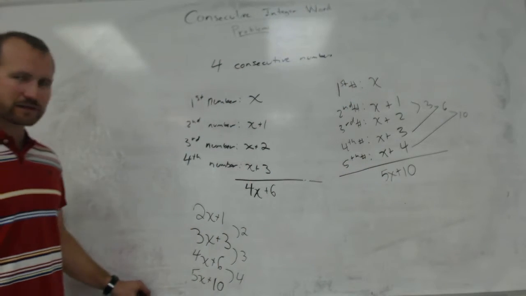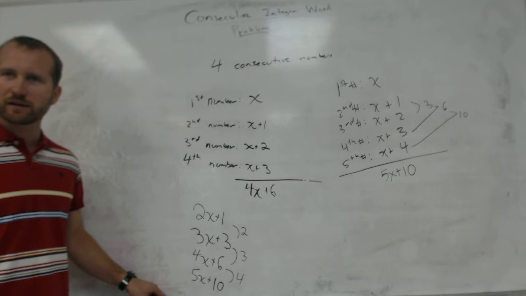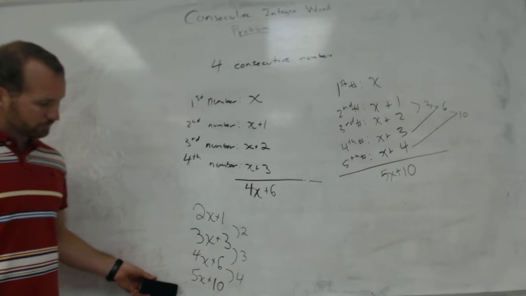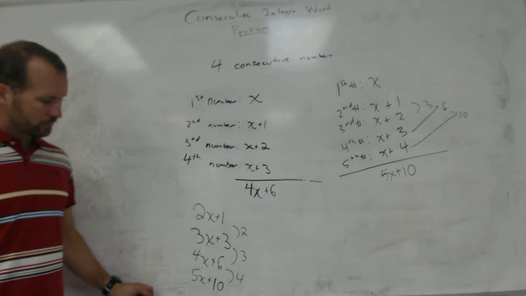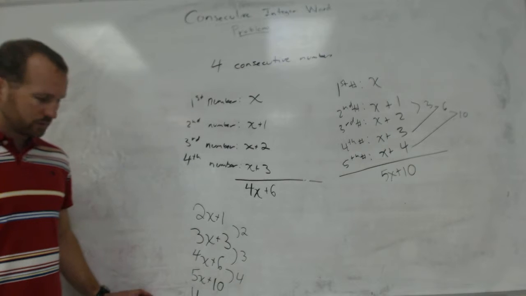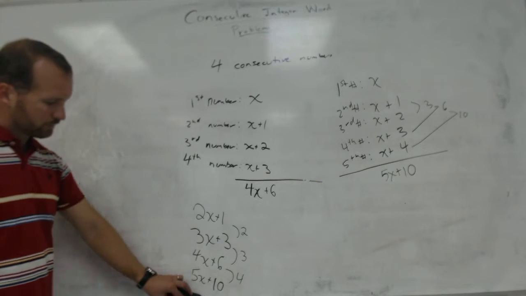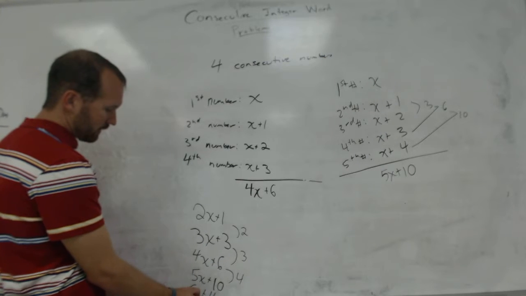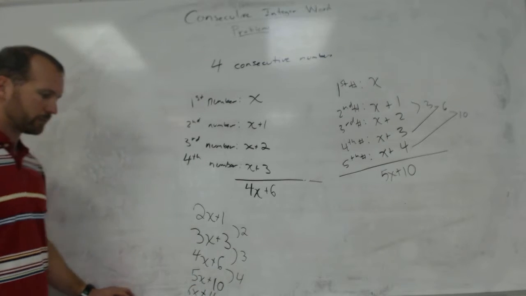Anyone want to try to guess what the sum of 6 consecutive numbers would be? Let's look at this pattern. The sum of 6 consecutive numbers is going to be 6x plus 11. Where did you get the 11 from?